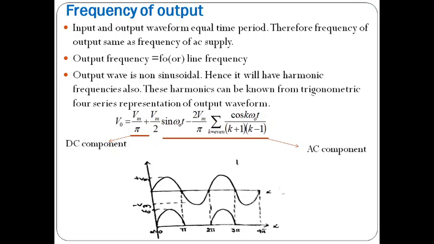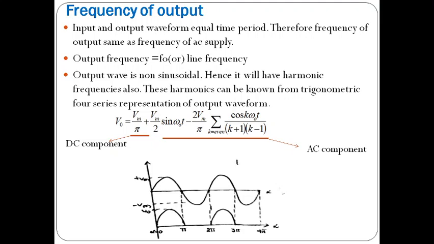What is the frequency of the output signal? Clear? Here you can observe the output waveforms of a rectifier. We get only the positive cycle in the output waveform. During the negative cycle, the diode is in reverse bias, so it will not appear in the output. During the time period 0 to 2π, we are getting only the positive cycle.